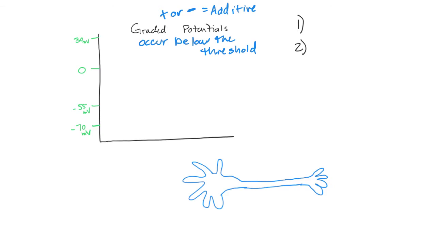Because if anything goes above the threshold, what happens? Our action potential, right? It'll go all the way through those steps. Okay, so there's two types.